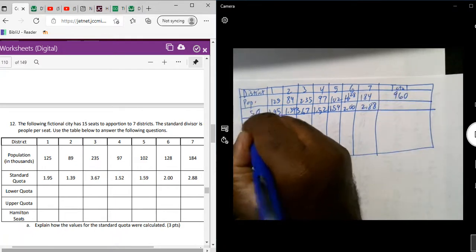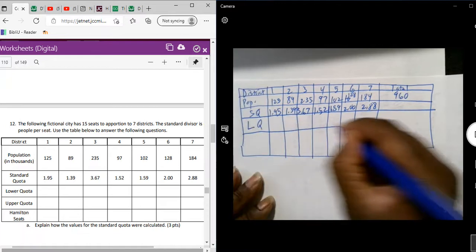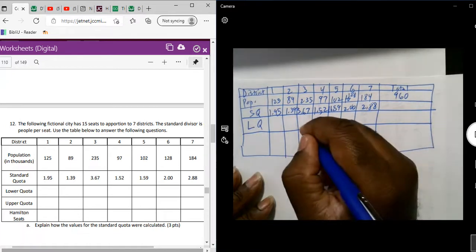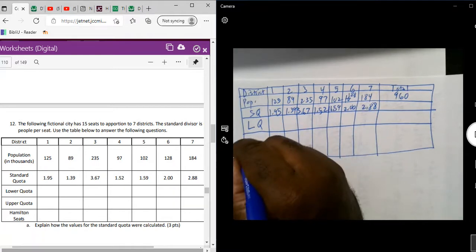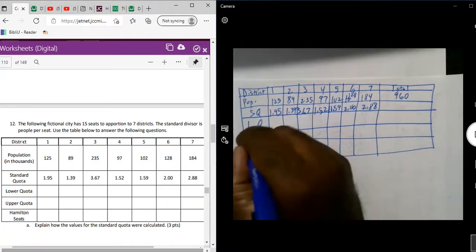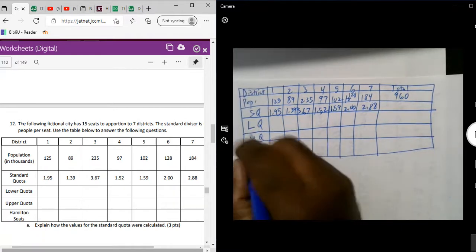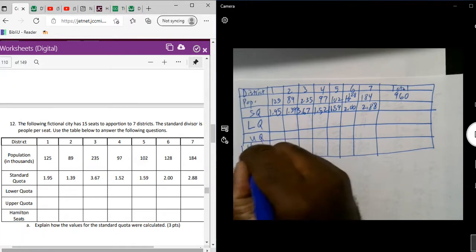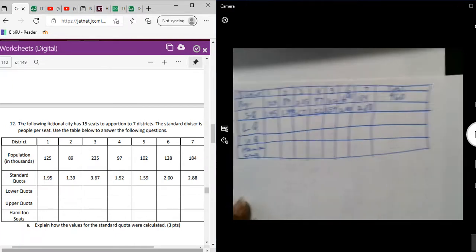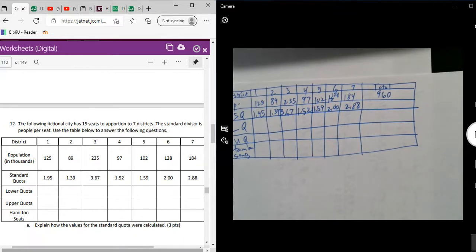Then we have the lower quota, then the upper quota, then we will have Hamilton seats. All right. Now I have everything here.